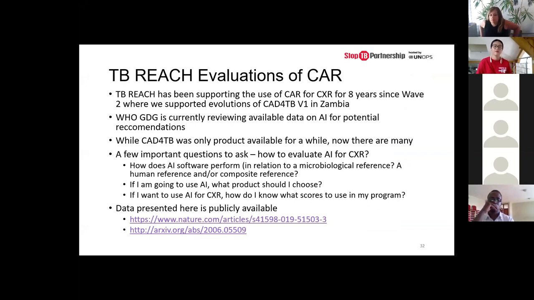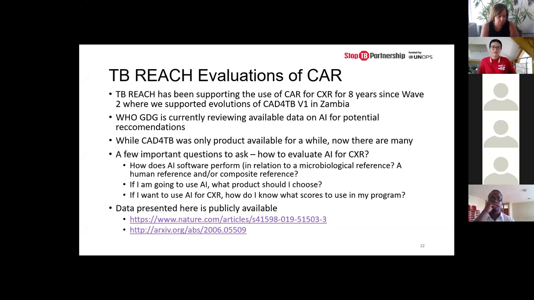Should the reference standard be a human, a microbiological reference standard, a composite reference standard? If I've already made the decision to use artificial intelligence, what product might I choose? And once I make that decision around the product, people have put in the questions, how do I know what score to use in my program?